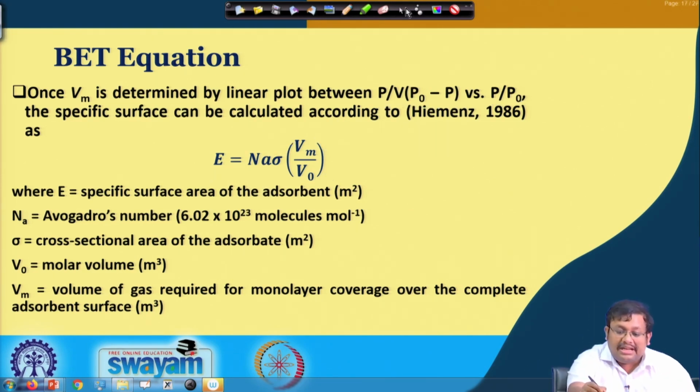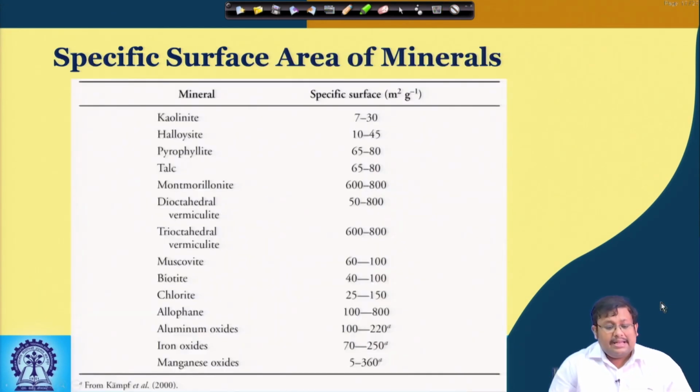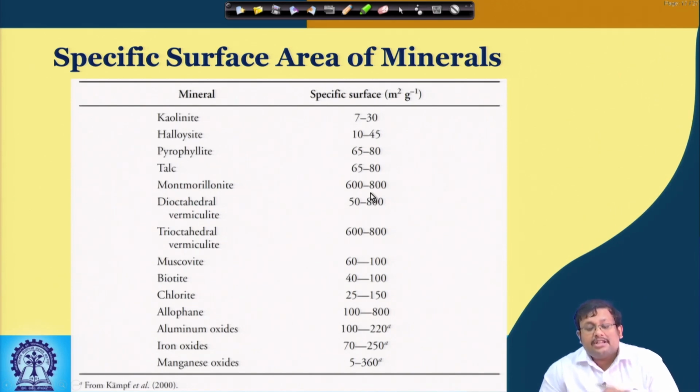Okay. Now, the specific surface area of different minerals, as you can see, varies from one clay mineral to another. In case of kaolinite, it varies from 7 to 30 square meter per gram, whereas in case of trioctahedral vermiculite and also montmorillonite, it varies from 600 to 800 square meter per gram because of their high accessibility of the interlayers.